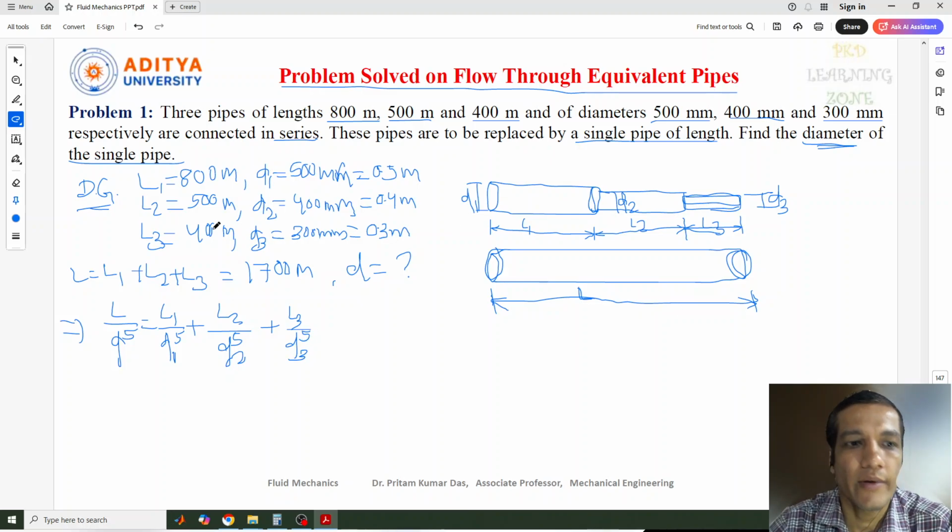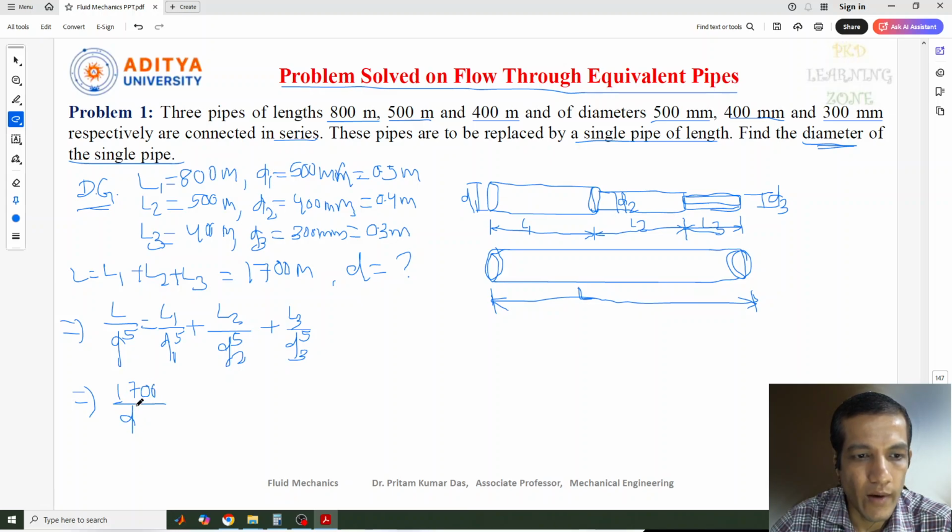This is the equation we derived in our previous lecture while discussing flow through an equivalent pipe. Now just put all the given data in it. Only one unknown is there, that is D, the diameter of the equivalent pipe.